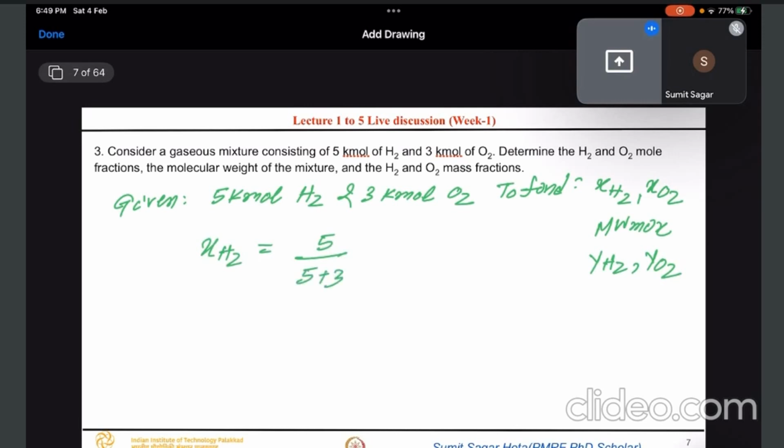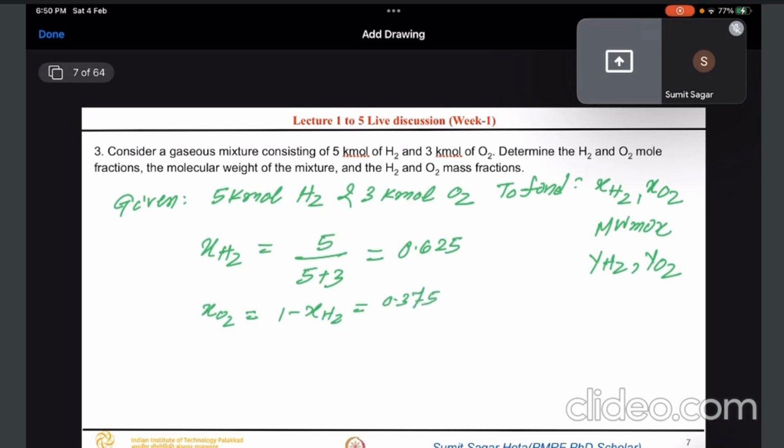Because it's already written 5 kilomole of H2 and 3 kilomole of O2. Because total number of moles is 8, then we only calculate, it's coming out to be 0.625. Because total mole fraction is 1, x of O2 should be 1 minus x of H2, which is 0.375.